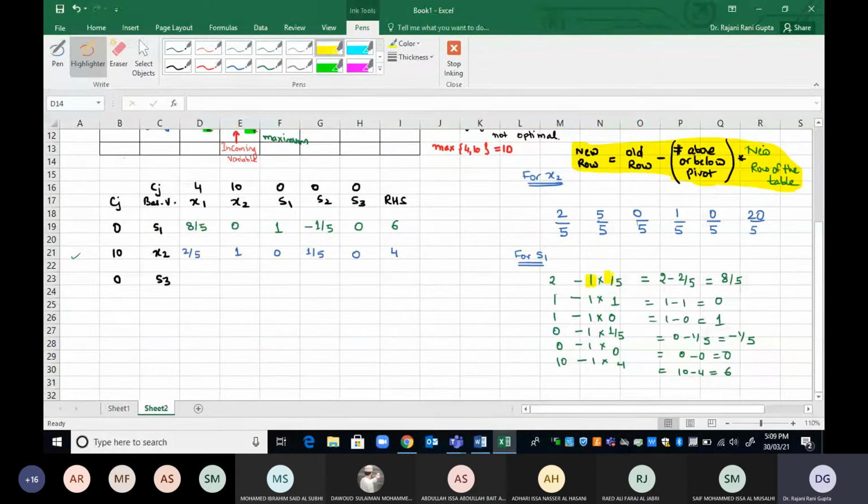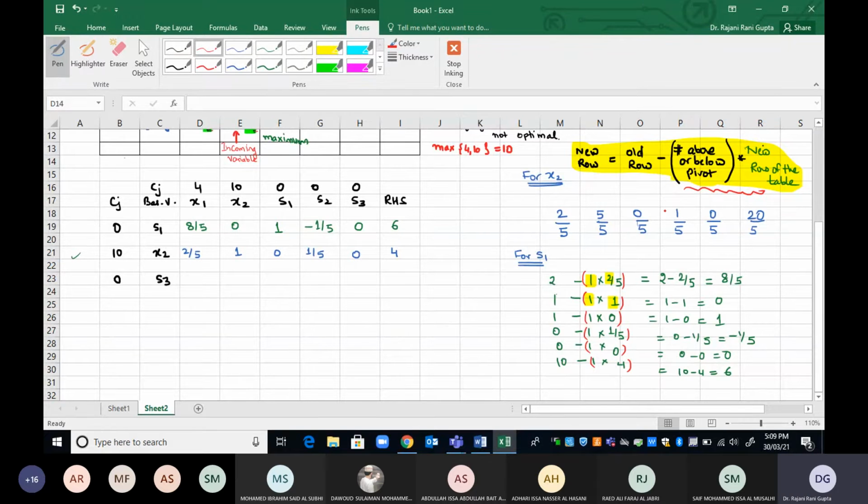See, old row minus, and here you have 2 minus 1 multiplied by 2 divided by 5. First we have to do the multiplication and then we do the minus. Always remember, good question, because this is the point where students make mistakes. So first you have to multiply and then you have to subtract.